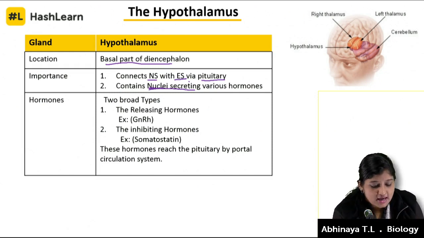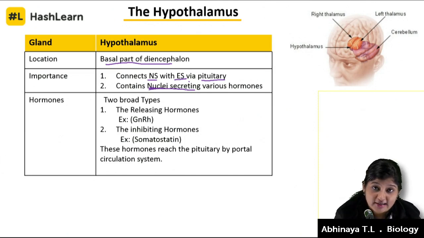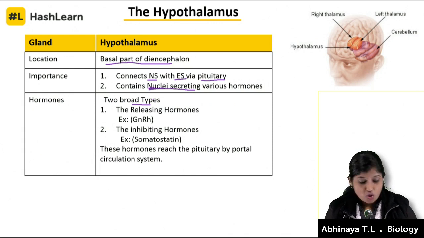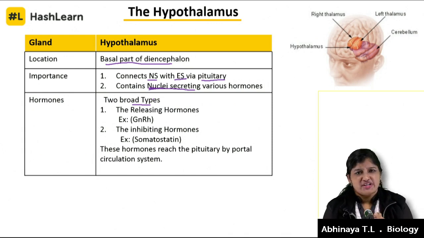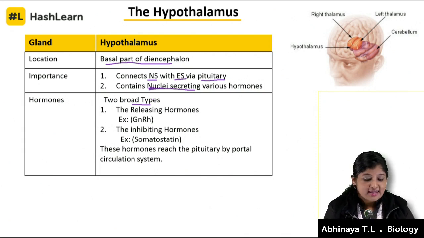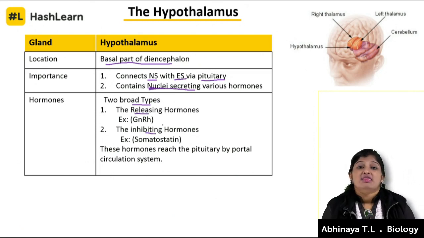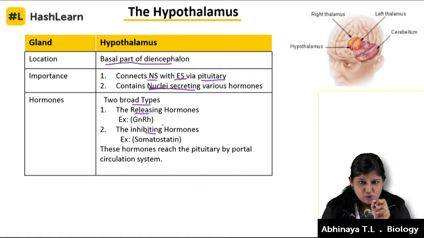Okay, with that image. There are two broad types of hormones secreted by our hypothalamus: the releasing hormone and the inhibiting hormone. As the name suggests, the releasing hormones are going to stimulate the pituitary hormone secretion.